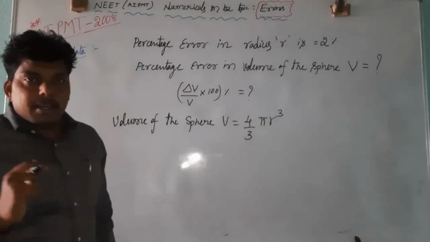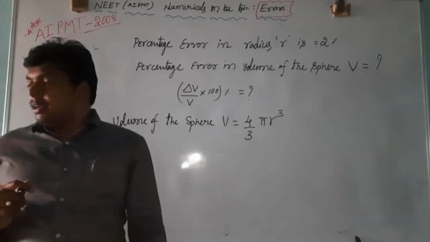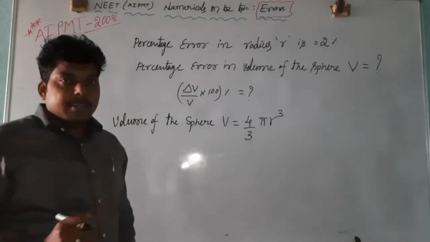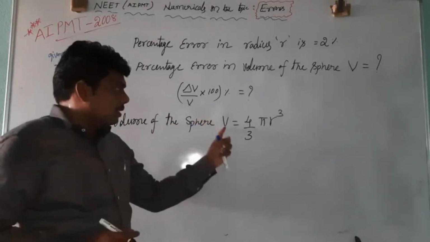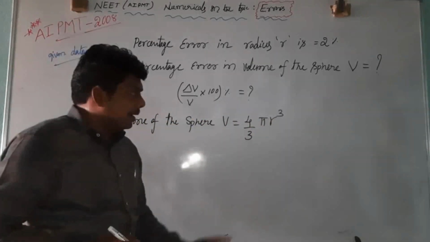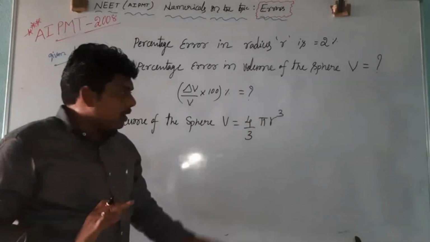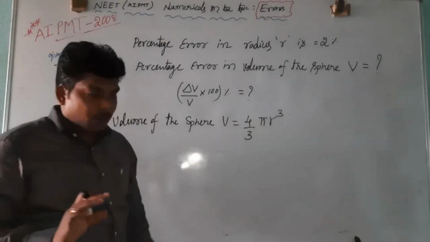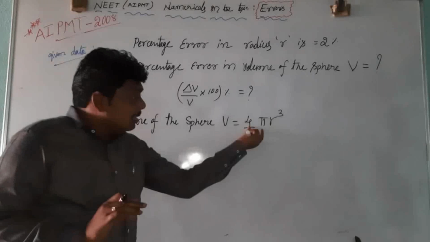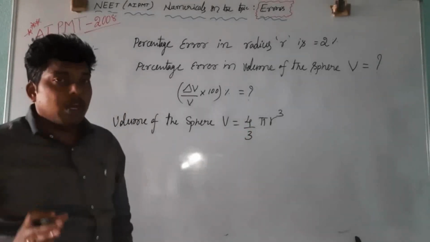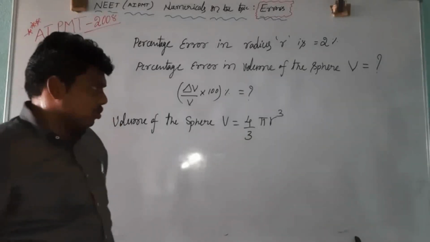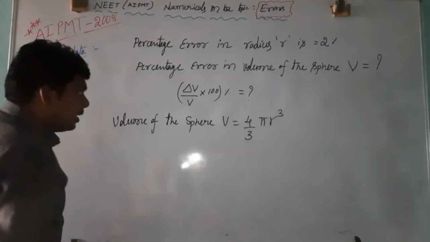While determining the errors, we should not consider the proportionality constant. We should neglect them. We should consider only physical quantities. Here pi is not a physical quantity. 4 by 3 is not a physical quantity. This is nothing but a proportionality constant, which means that while determining the errors, we should neglect the proportionality constant. Now what we have to determine?